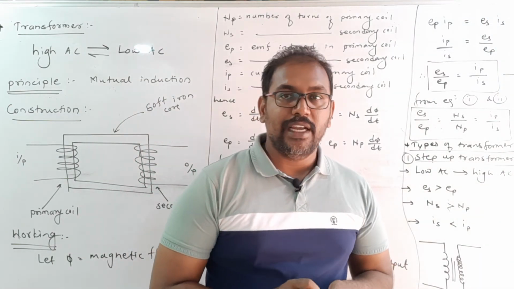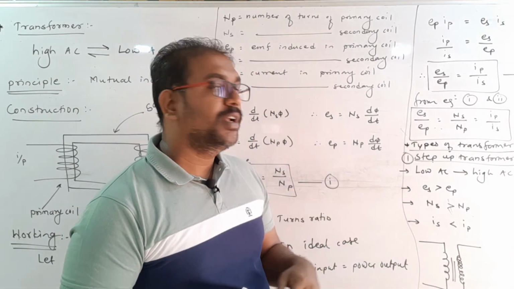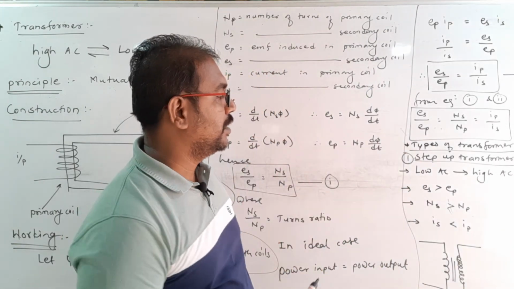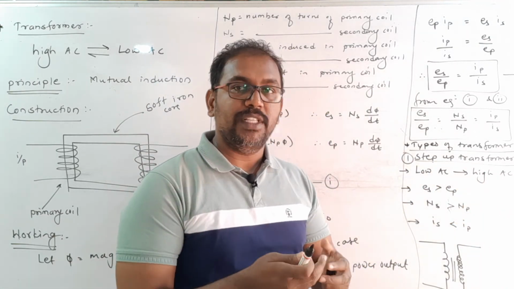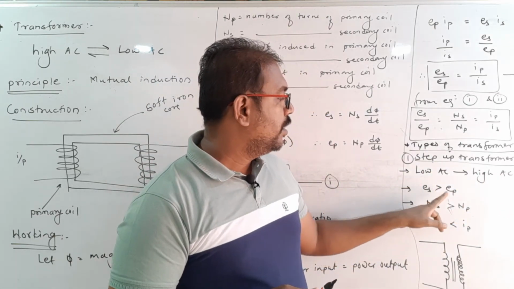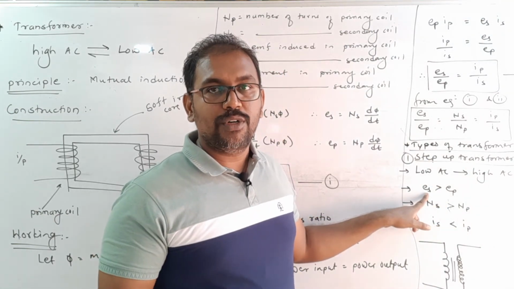In a similar manner, we can write the step down transformer. The second type of transformer is step down. It is the reverse of that. Step down means high to low; down means it is decreasing. Then the number of turns of the secondary is less, because we require less output.